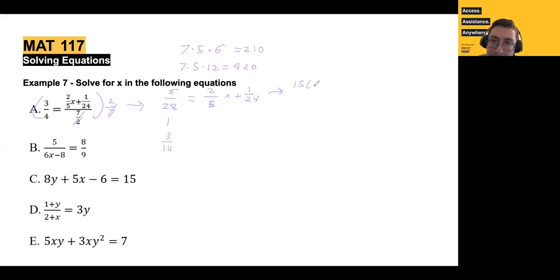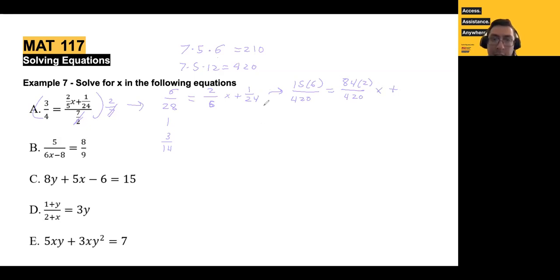So this will become 15 times 6/420. Then 420 divided by 5. This will become 84 times 2/420. And 420 divided by 24.